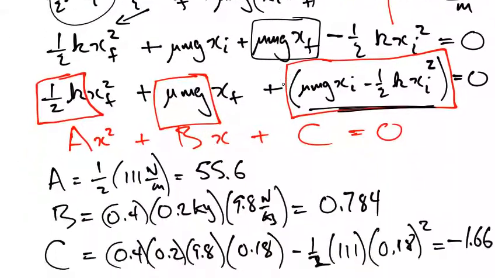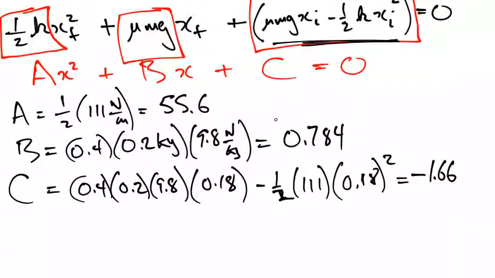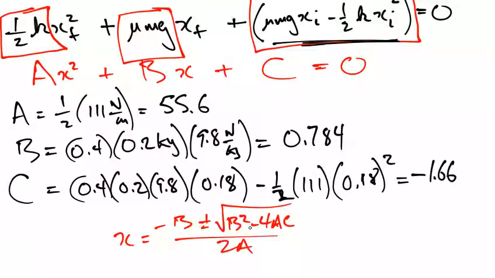So going back to the problem, this is a long problem here. How do you solve this at this point? Yes, you can use the quadratic formula. x equals negative b plus or minus the square root of b squared minus 4ac all over 2a. However, luckily, I have a computer program, or my calculator, that can solve quadratics.